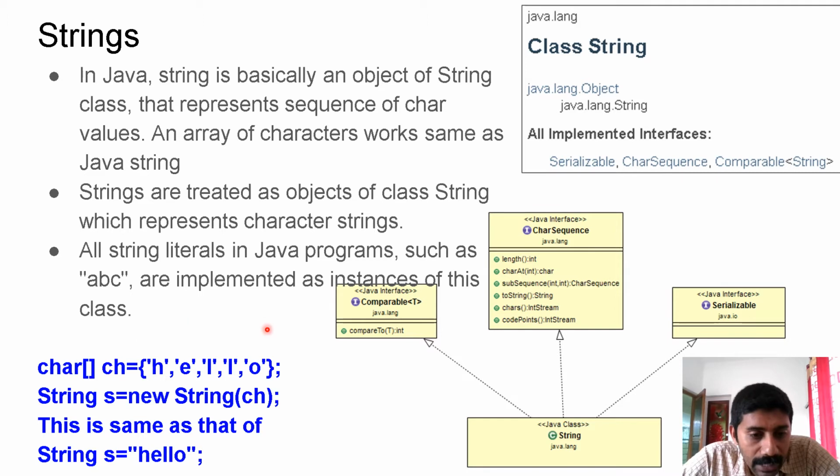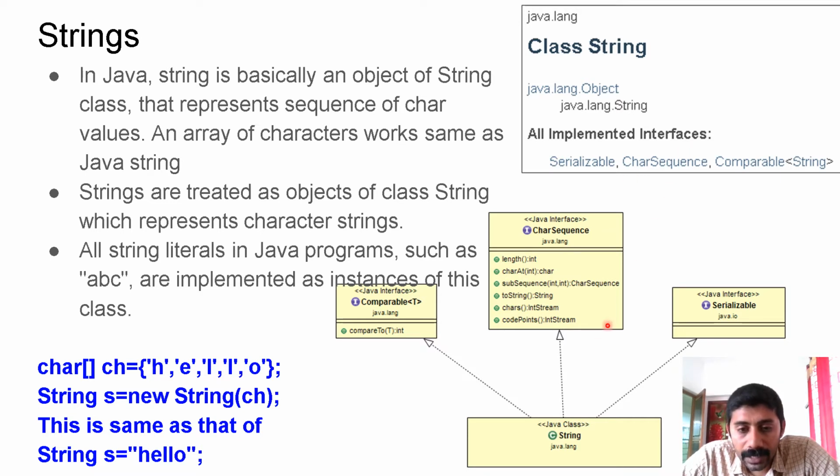Using this array of characters, I can create a string using this syntax: String is the class type, reference variable equal to new String, pass the array. So corresponding to hello, it will create a string. Or I can use it in this way also. I don't need to create an array of characters. Within double quotes I can give string equal to "hello". This will also produce the same result.